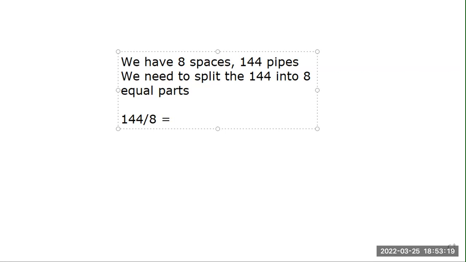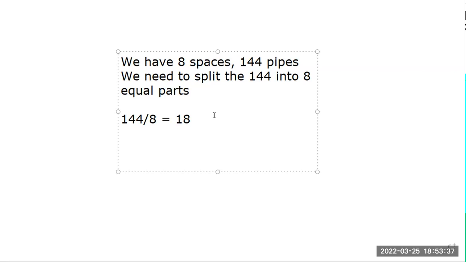So 144 divided by 8 would give you a total of 18. So 18 would have been the number of pipes per space. Now we can really get tired with this question.